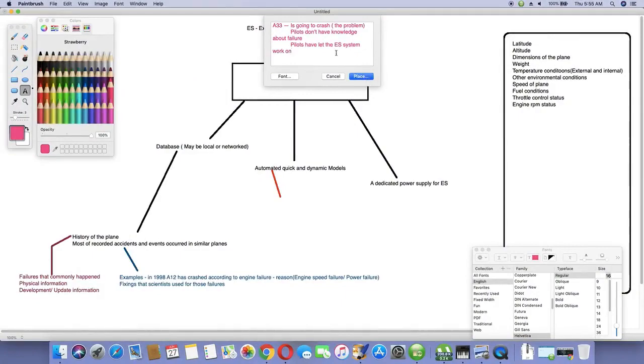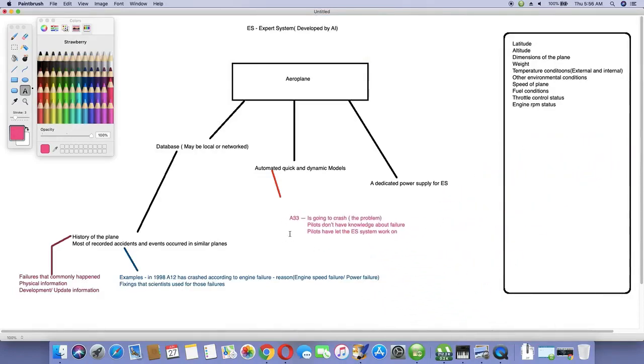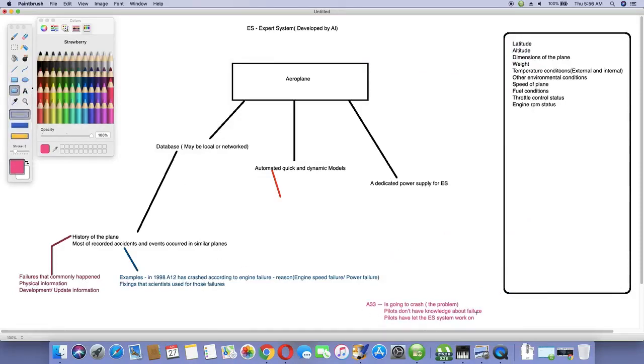They have to let the ES system make the next decision. That is the current status of the plane and the problem. And where can I place that? Okay, I will place that as the fact.